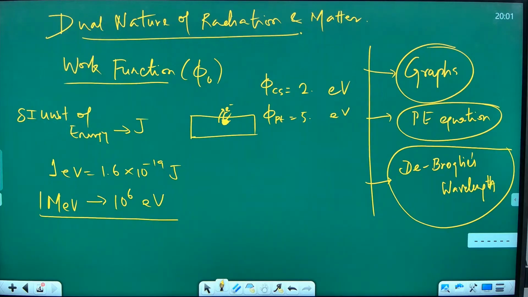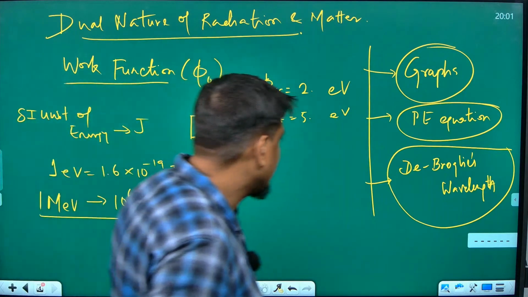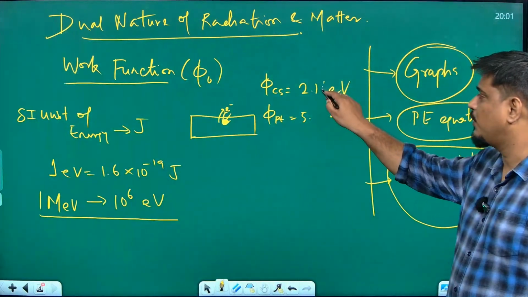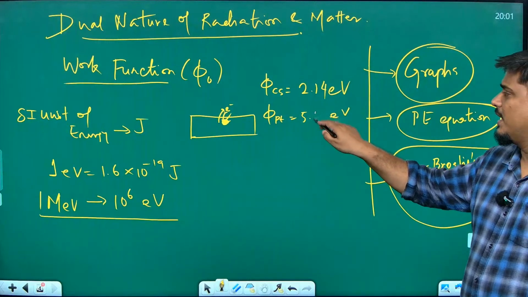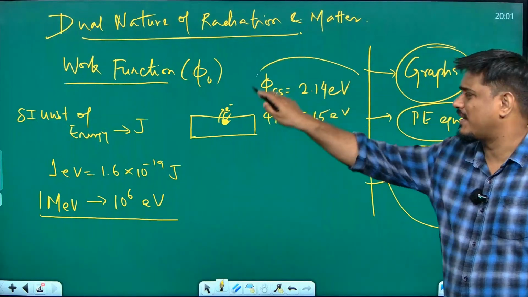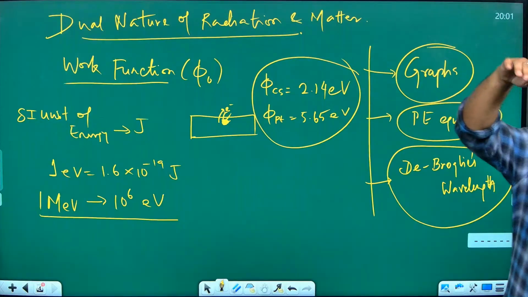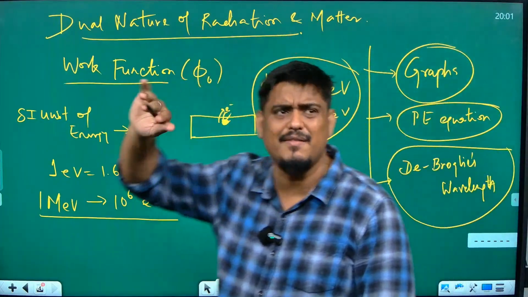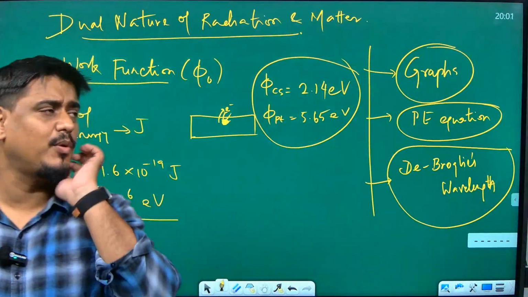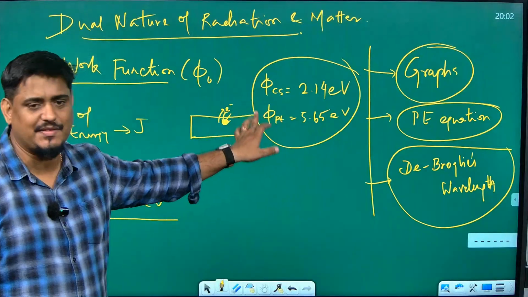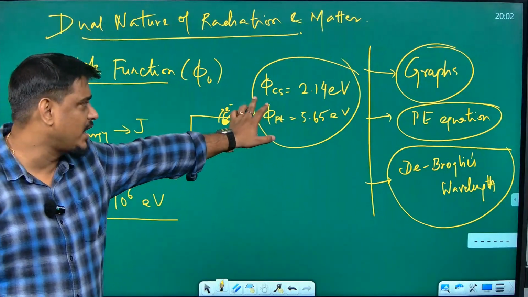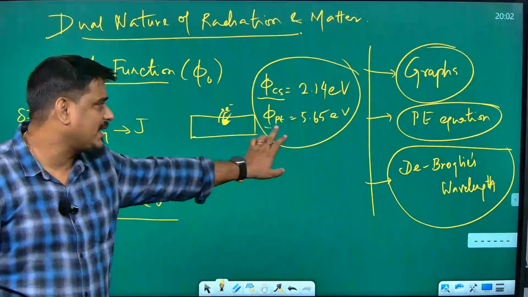Yeah, it is given: 2.14 is for cesium and 5.65 is for platinum. Sodium will have its own, potassium will have its own, every metal will have its own. But why I am bothered about these two is that one has the lowest and one has the highest.